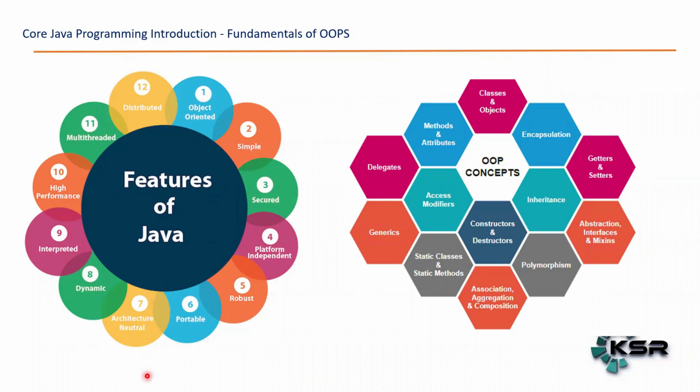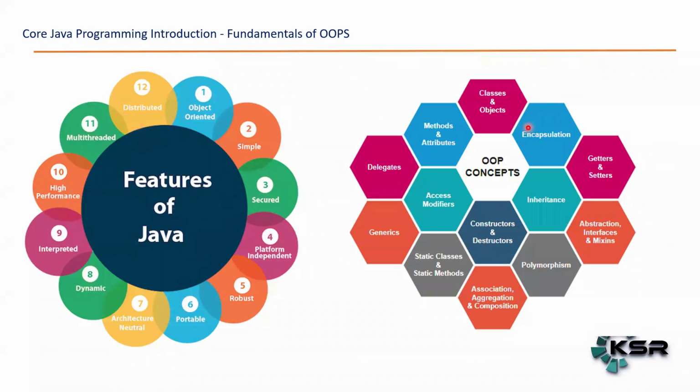Architectural neutral, where you can write the code and then plug in with a different third-party API. Dynamic, whenever you want, you define your abstract class. Interpreted, you compile and then run it. High performance using this multi-threaded environment. Multi-threaded and distributed, in the sense that using the multi-threading concept, multiple people can access it, right?